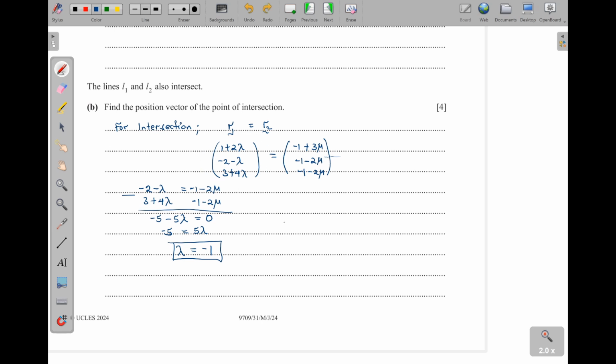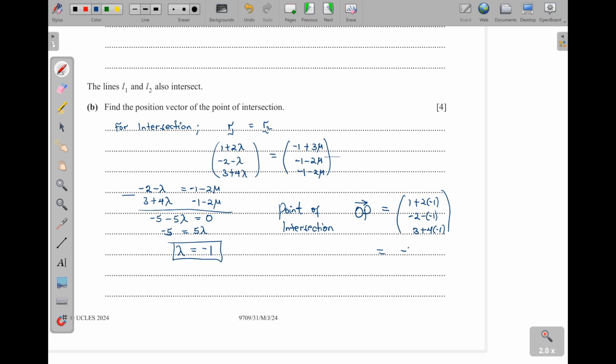So that means the point of intersection, which I can call OP, is going to be equal to 1 plus 2 times -1, then -2 minus -1, and then 3 plus 4 times -1. So what do we get here altogether?